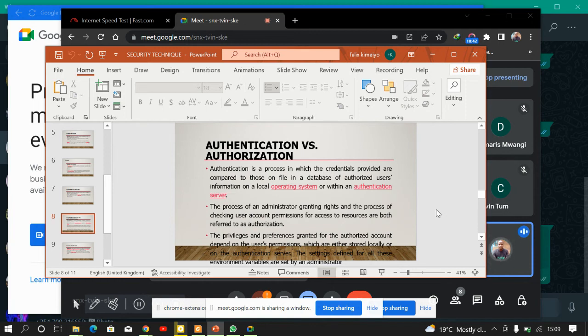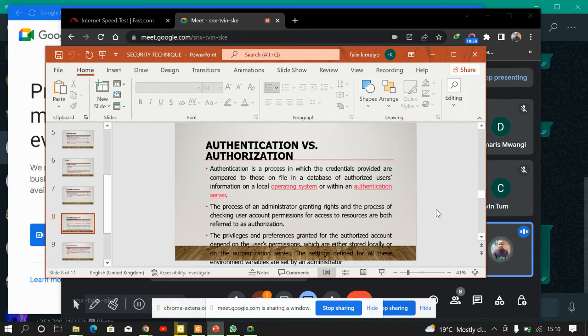The process of an administrator granting rights, and the process of checking user account permission for access to resources, are both referred to as authorization. That is the difference between authentication and authorization.